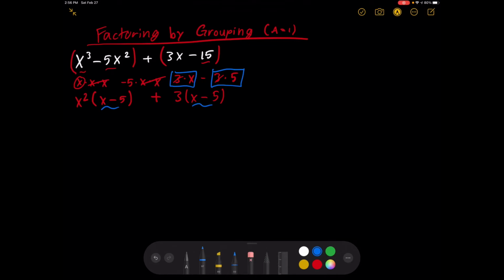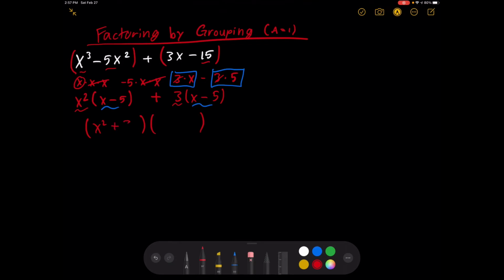So the next part of it is just really easy. All you have to do is make your parentheses like that. You don't even have to make the parentheses first, but I just like to, to make it easier. Then on the left, we're going to have our x squared from right there, and on the right, you're going to take that plus 3.